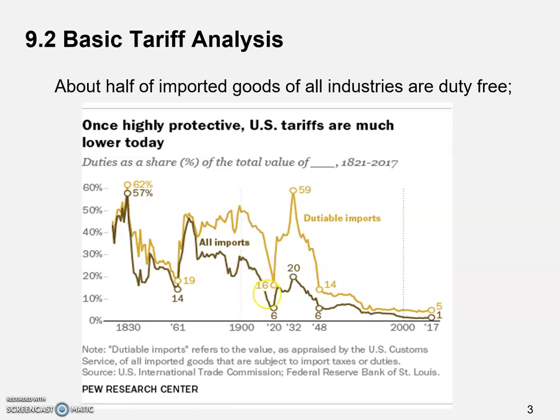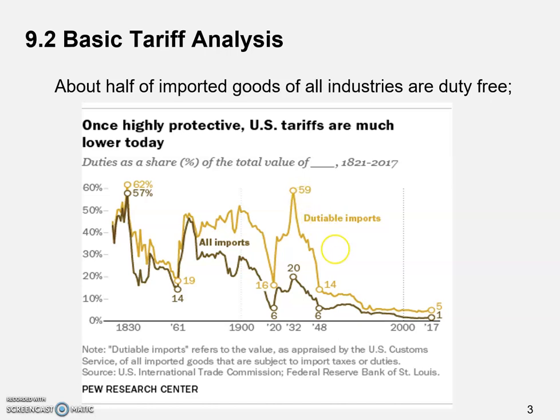And even in the early 20th century, you can see that duties as a share of the total value of the dutiable imports, that means the imported goods that are subject to taxes or duties, reached 59%. Among all dutiable imports, 59% were subject to tariffs.